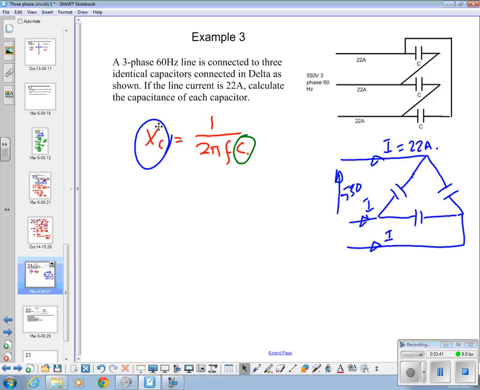What you're saying there is, let's isolate one capacitor. We want to know the value of one capacitor. So let's draw just one capacitor, 550 volts.